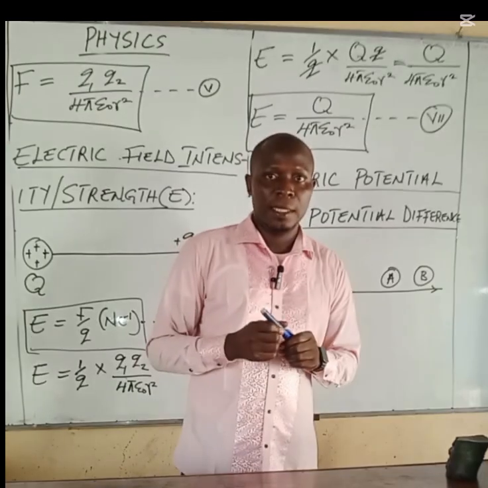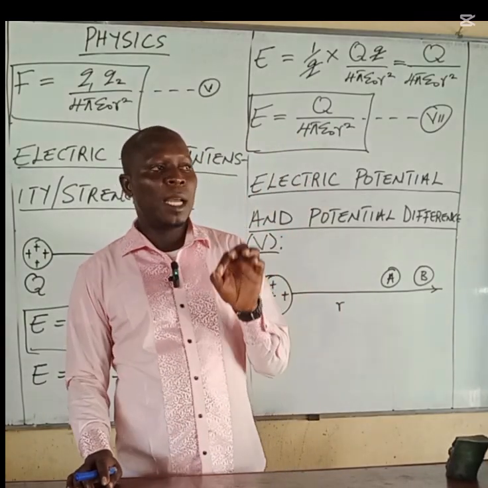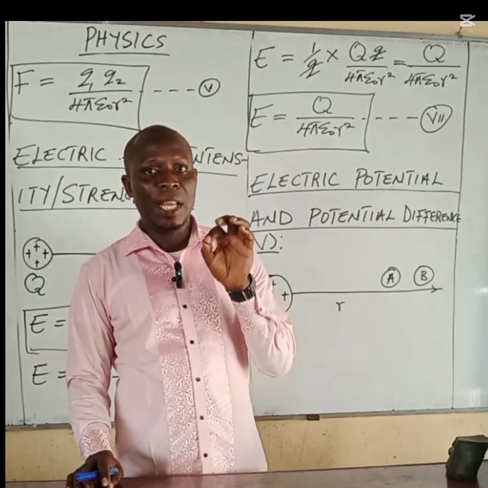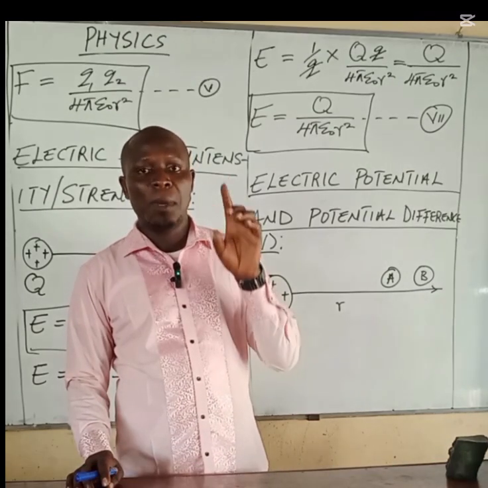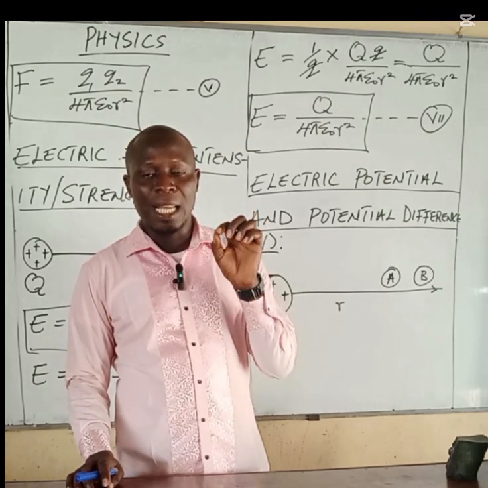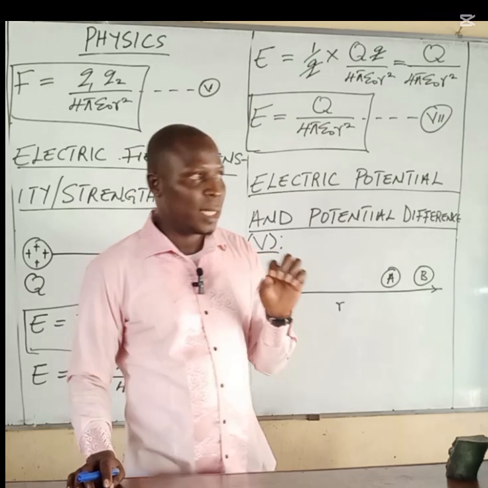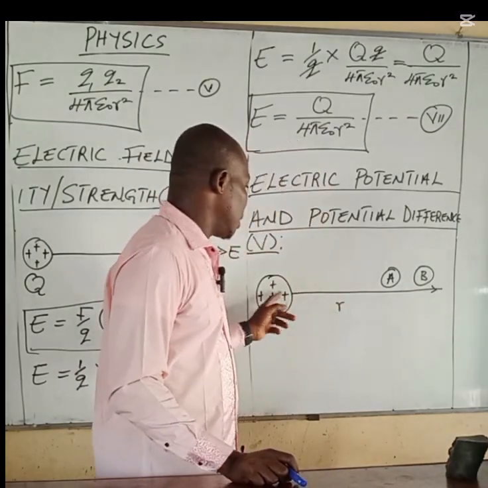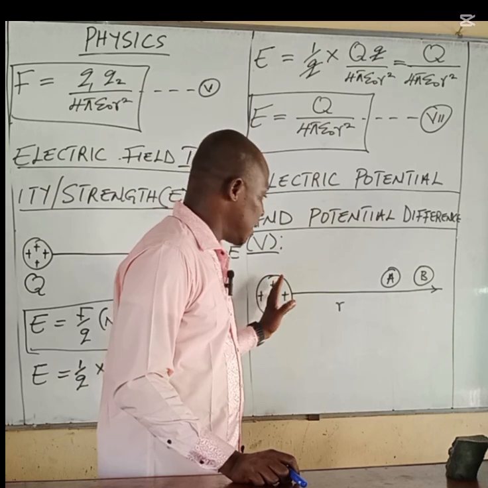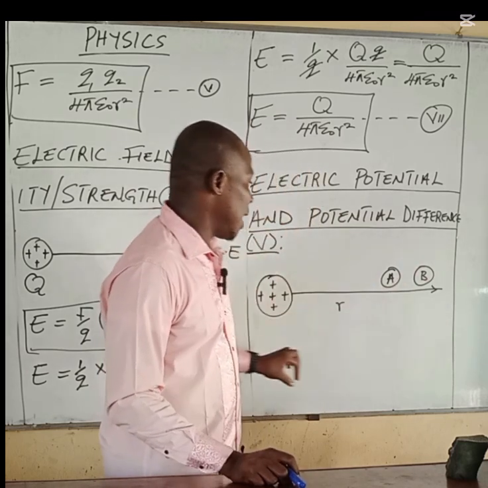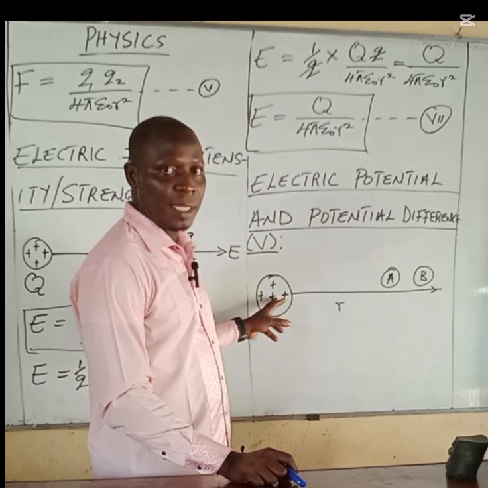Now, let me define electric potential. Electric potential is the work done in bringing a unit positive charge from a point at infinity, or from a point at zero potential, to that point against the electric force of the field. This charge is exerting force along this area, so all this area is the region of influence of this charge.